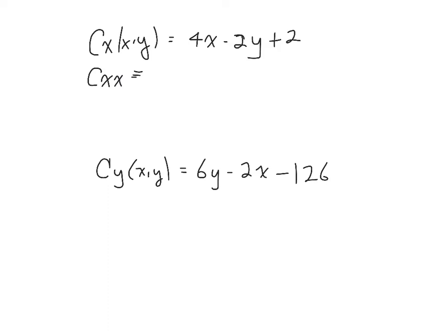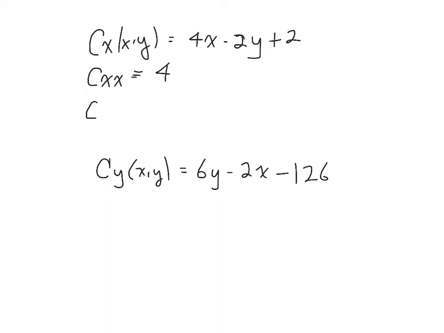We have a 4x, a minus 2y, and a constant 2. We're going to take the derivative using the same derivative rules that we have come to know and use quite proficiently. So we look at the first term, 4x, the derivative is 4. Minus 2y, there's no x in it, the derivative is 0, and 2, of course, the derivative is 0.